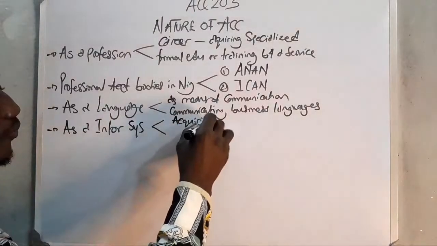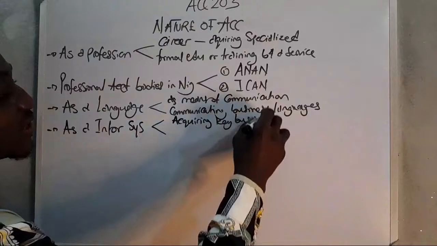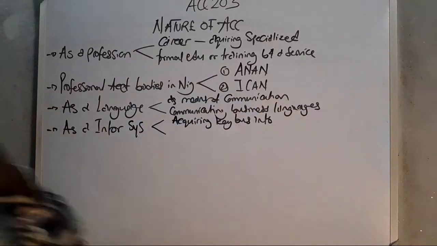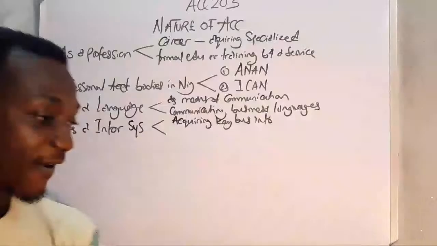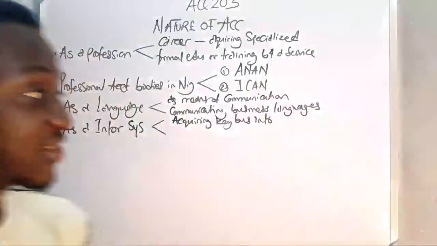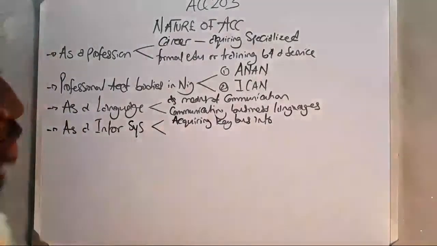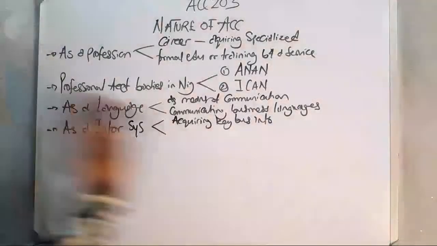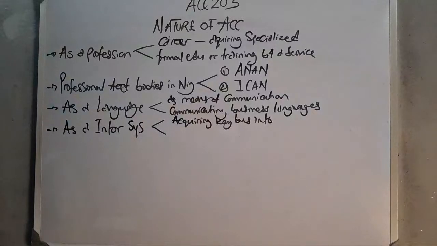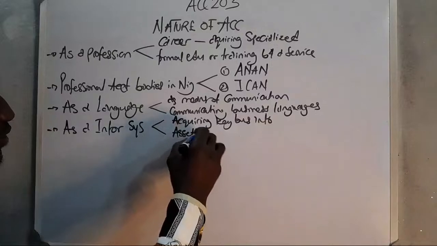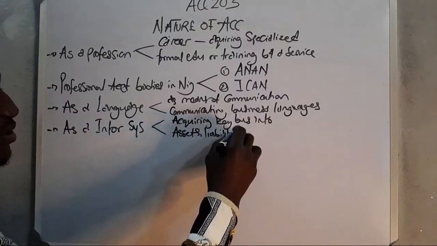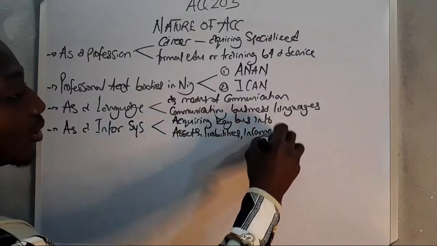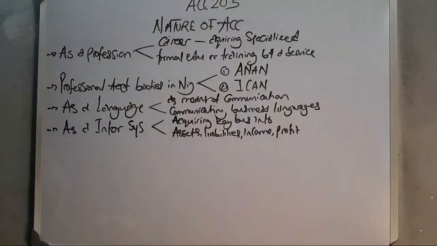Let's not forget, when we defined accounting, we said it is a process that involves an efficient system to collect and analyze. Accounting acquires key business information, and some of this information includes the income, the expenditure, the profits, the assets, the liabilities, and it goes on and on.